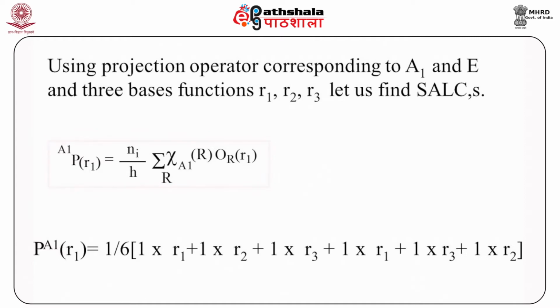If we make use of this, we get the characters as 1 by 6 within brackets 1 into R1 plus 1 into R2 plus 1 into R3 plus 1 into R1 plus 1 into R3 plus 1 into R2.